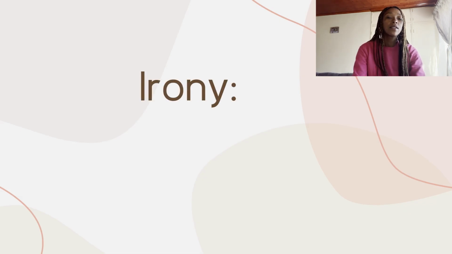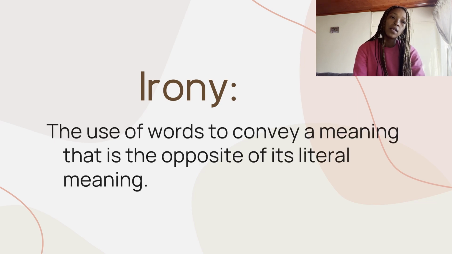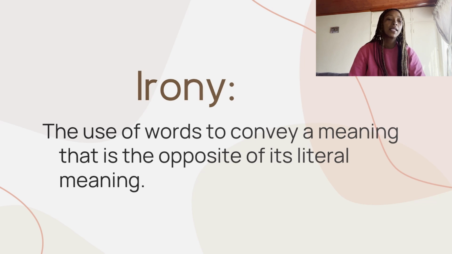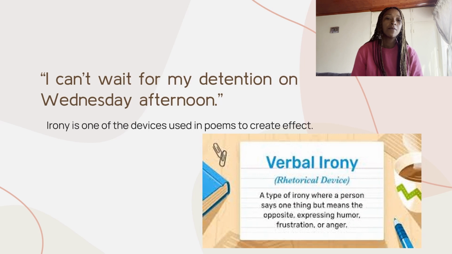Irony is defined as the use of words to convey a meaning that is opposite of its literal meaning. We need to understand these kinds of concepts, especially not just for poetry, but also for your literature as well. If we go a little bit into irony, we know that it is one of the devices that we use in poems to create some effect that you might want your reader to experience.